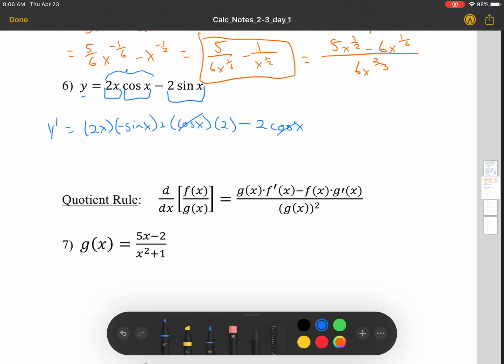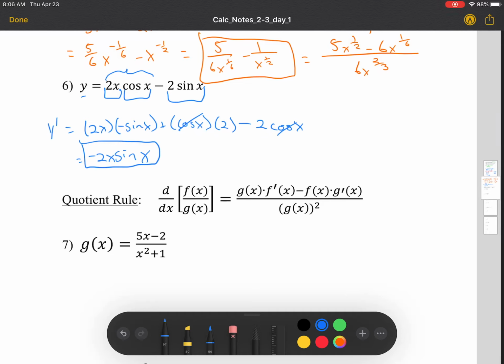Now from here we can just simplify, right? Our cosines cancel out, and we're going to be left with a negative 2x sine of x. All right, and because they only asked for the first derivative, we're going to stop right there.